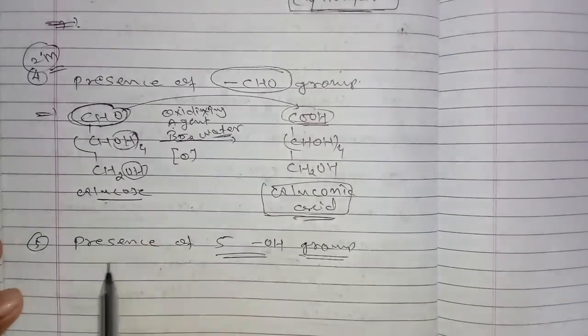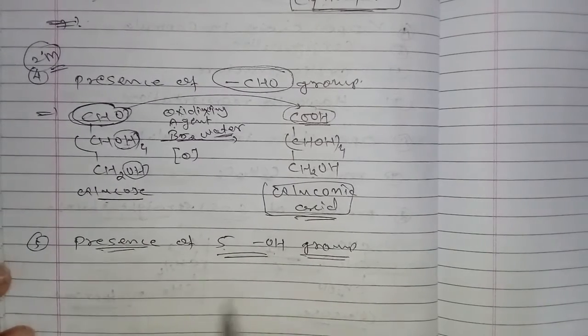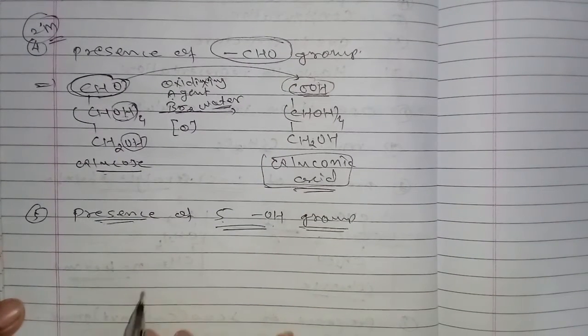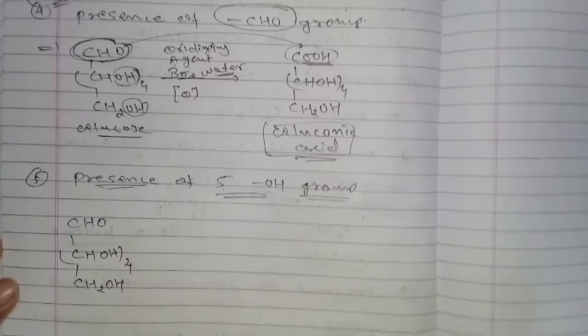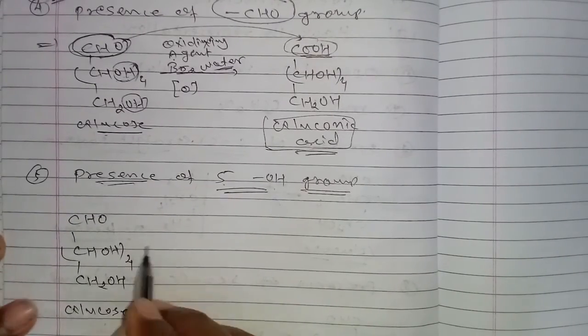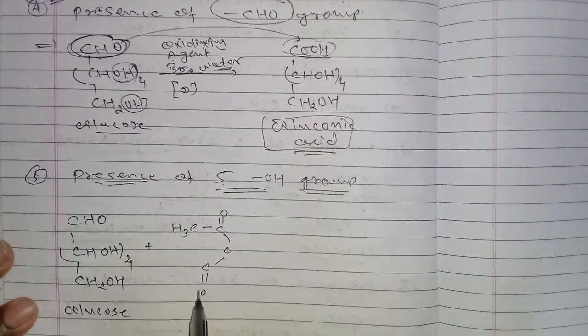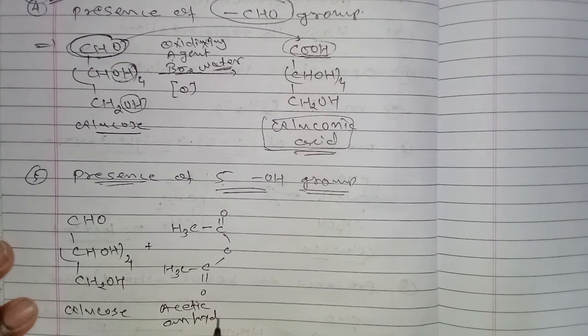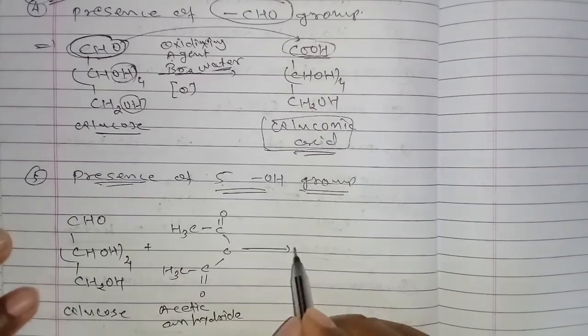How will you prove the presence of 5 OH groups? Glucose reacts with acetic anhydride, CH3CO, CH3, that gives glucose pentaacetate.